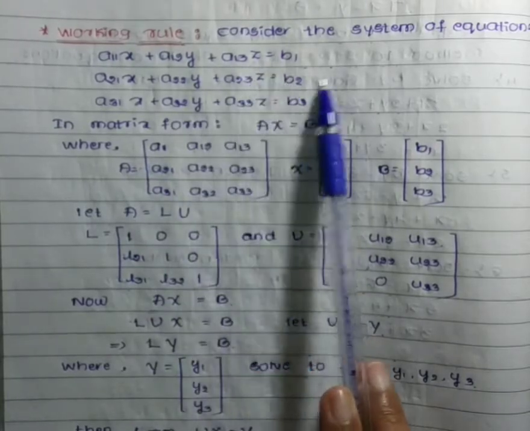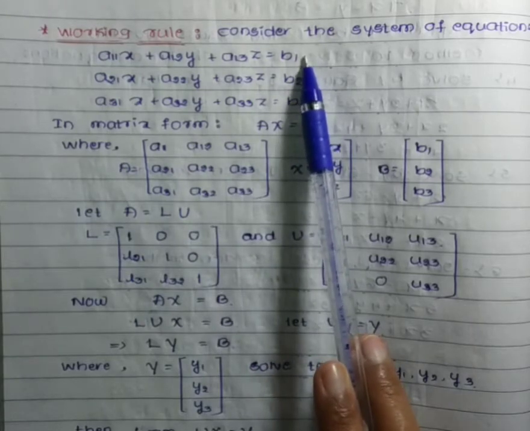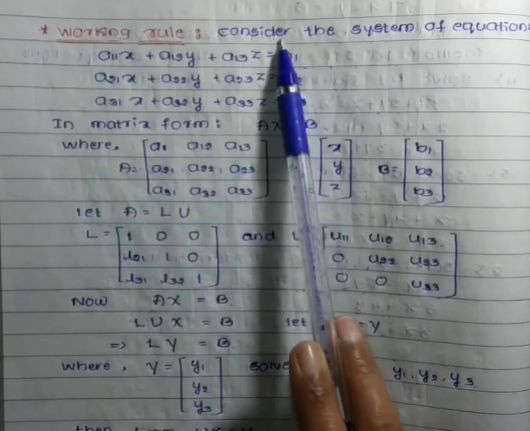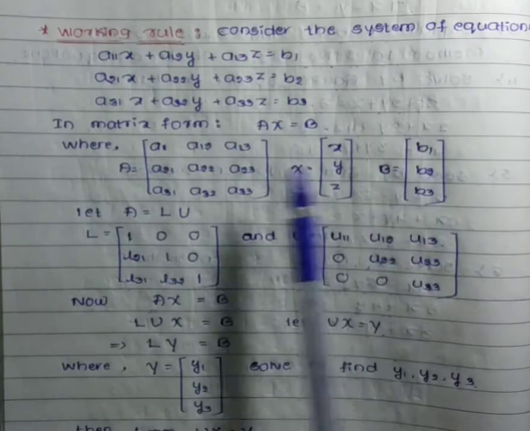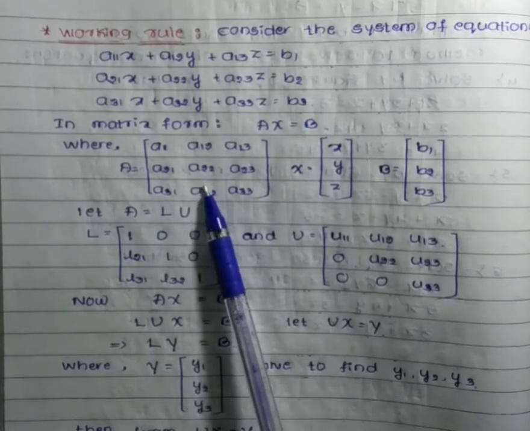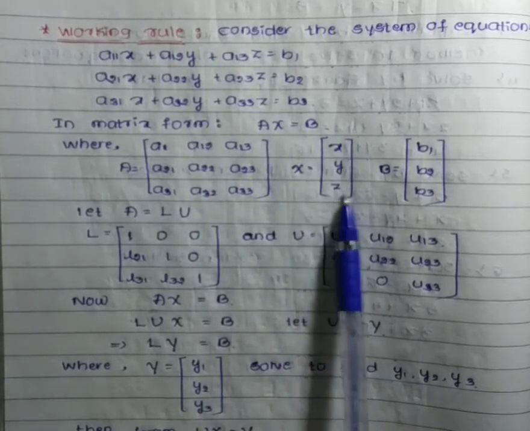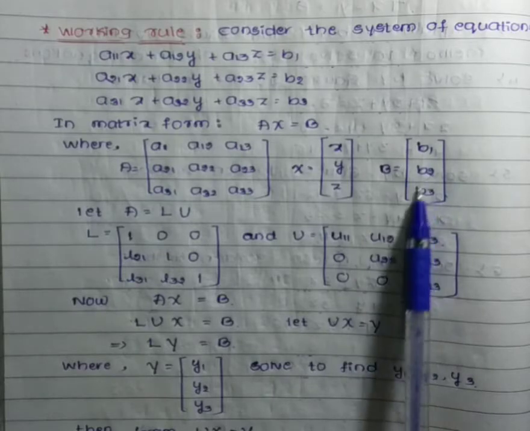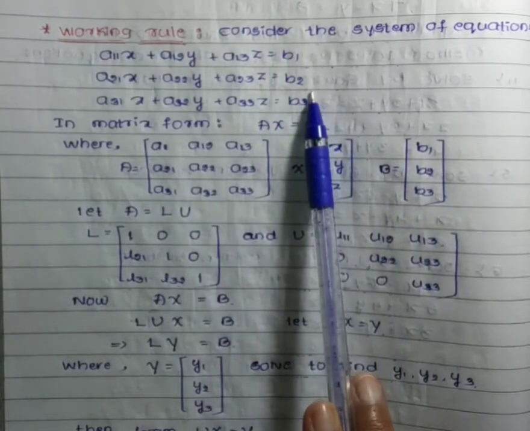In these three equations, we can observe that on the right side of the equation we have constants b1, b2, b3, and these values only we have to express in matrix B. So matrix A is the matrix of coefficients, X is the matrix of variables, that is x, y, z, and B is the matrix which contains the constant values which we can observe on the right side of the equation.